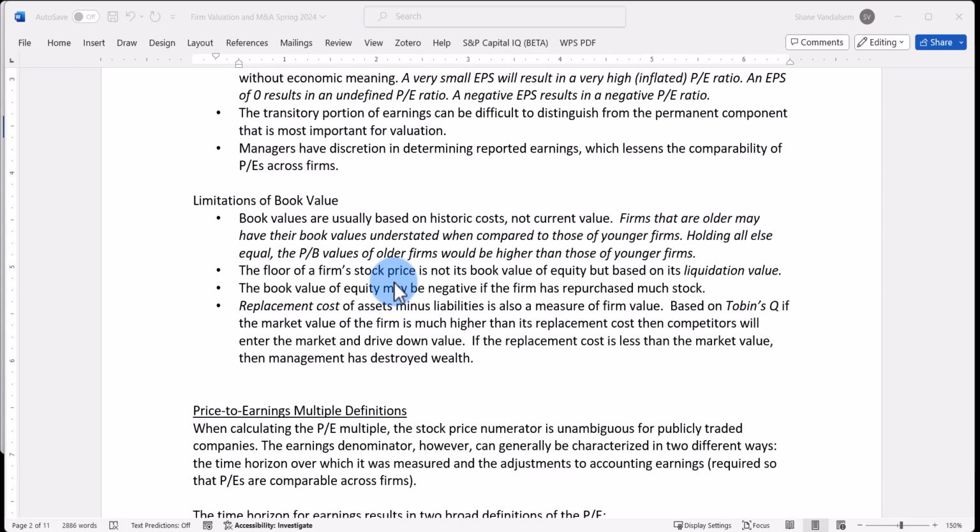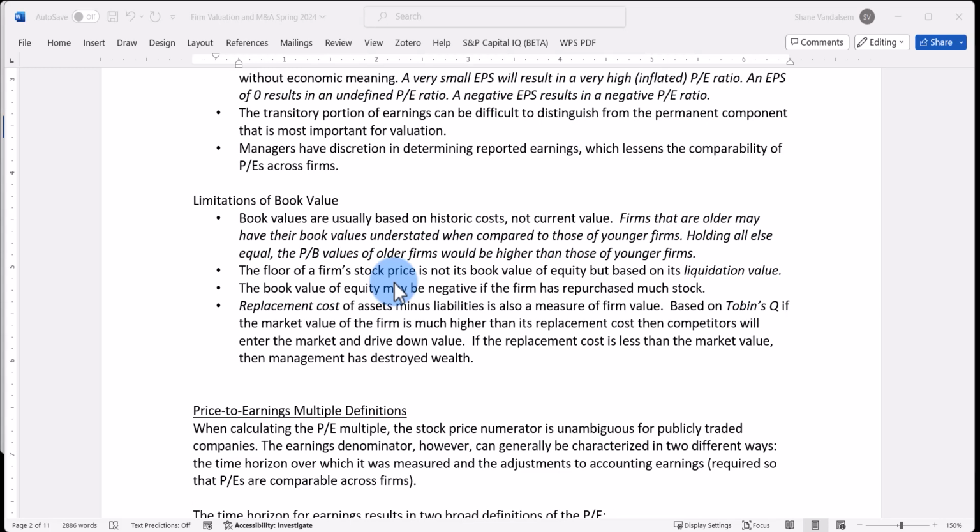So based on Tobin's Q ratio, if the market value of the firm is higher than its replacement cost, then competitors will enter the market to drive down the value. If the replacement cost is more than the market value, then management has destroyed wealth.